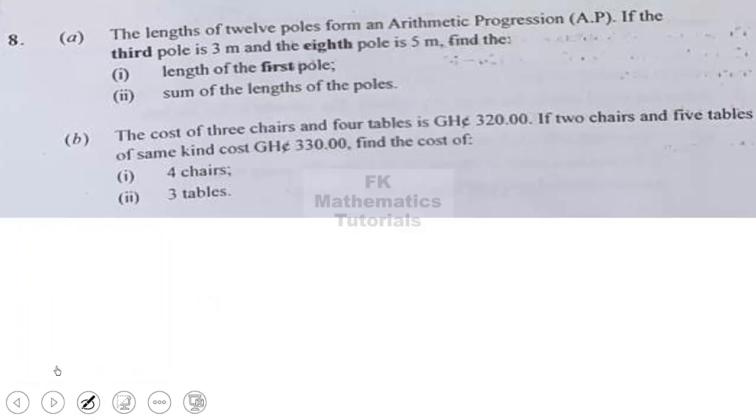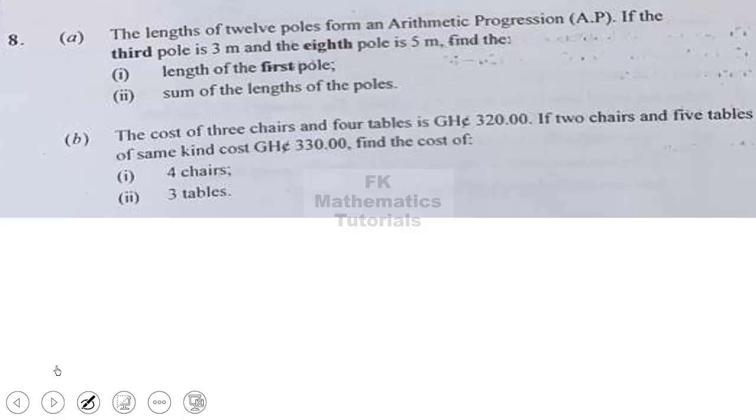So we have the 8th question. The lengths of 12 poles form an arithmetic progression. If the third pole is 3 meters and the 8th pole is 5 meters, find the length of the first pole.